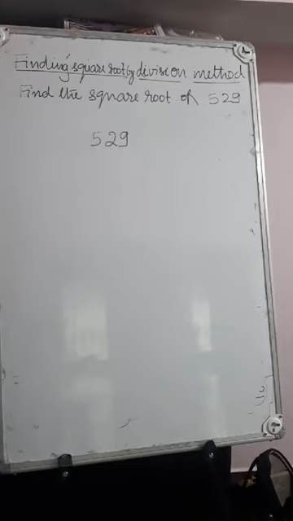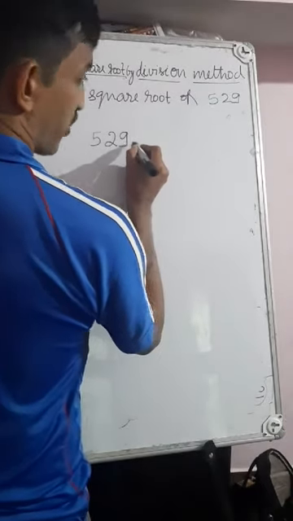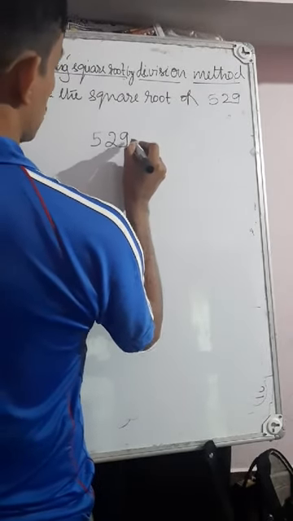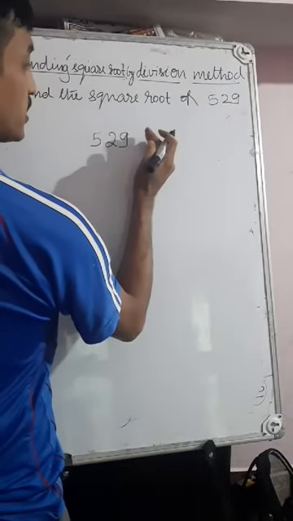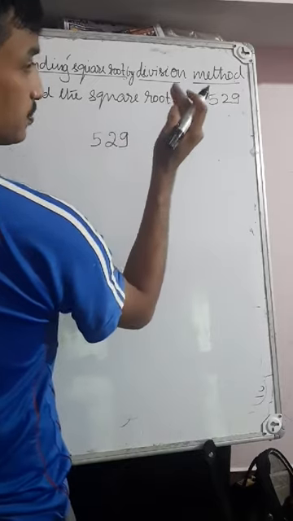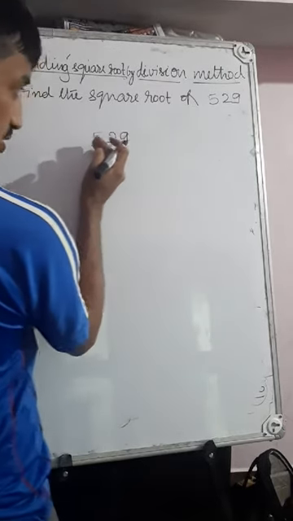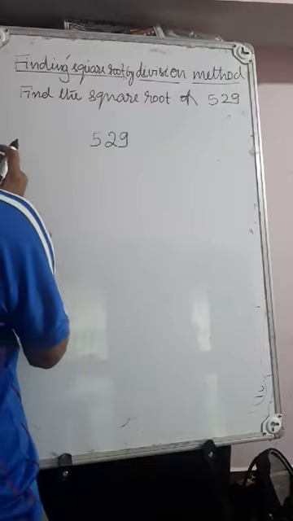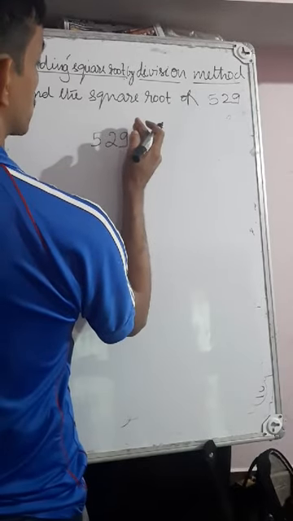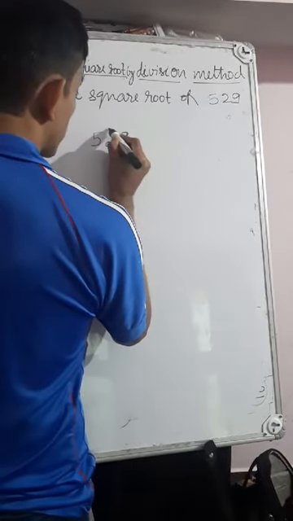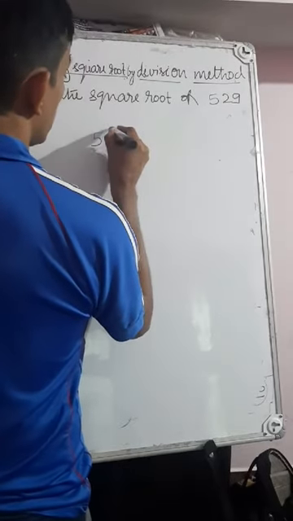Keep a bar, or place a bar, over every pair of digits starting from the units place. Which is the units place? 9 is the digit in the units place. So you are starting from the right side. That means from the units place towards tens, hundreds, you have to move to the left, taking two digits at a time.